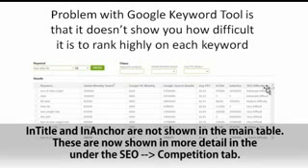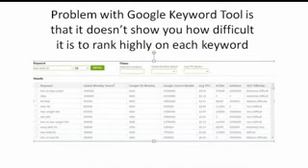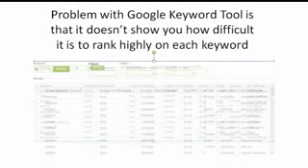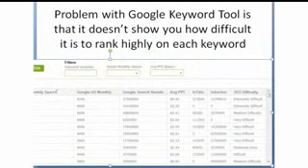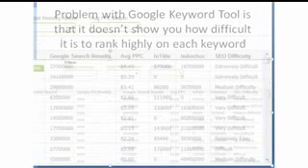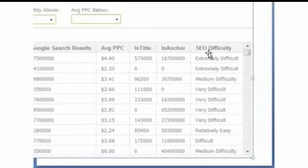More importantly though, you've got a rating here, and I might even just zoom in on this little screenshot I've made right here so you can actually see it a bit better. You've got a rating here on SEO difficulty as to whether it's extremely difficult, medium difficult, very difficult, relatively easy, and so forth.